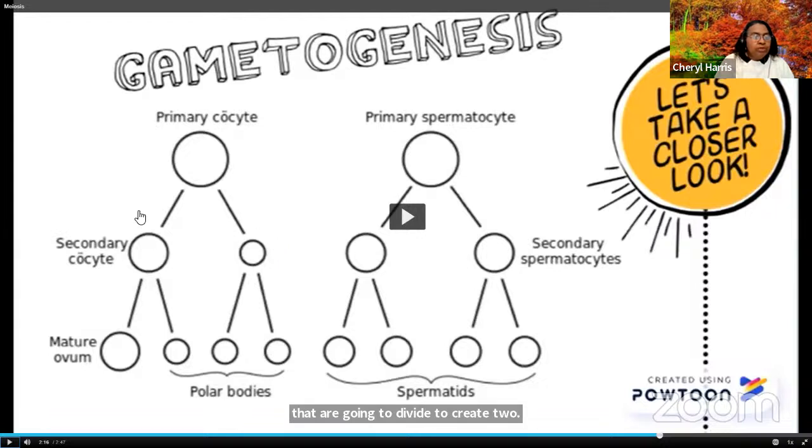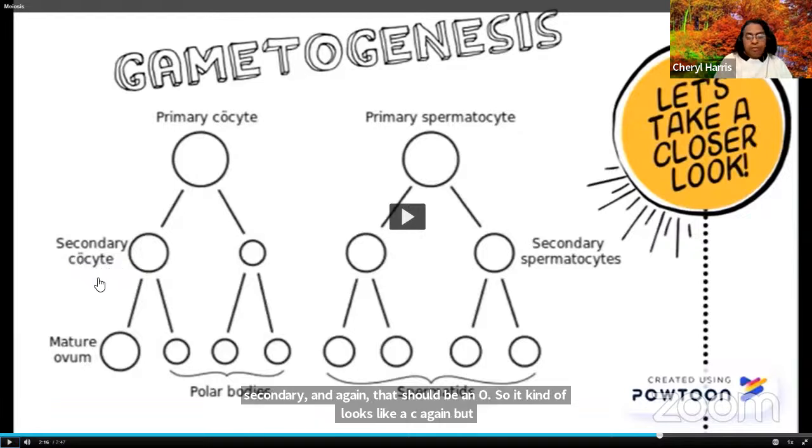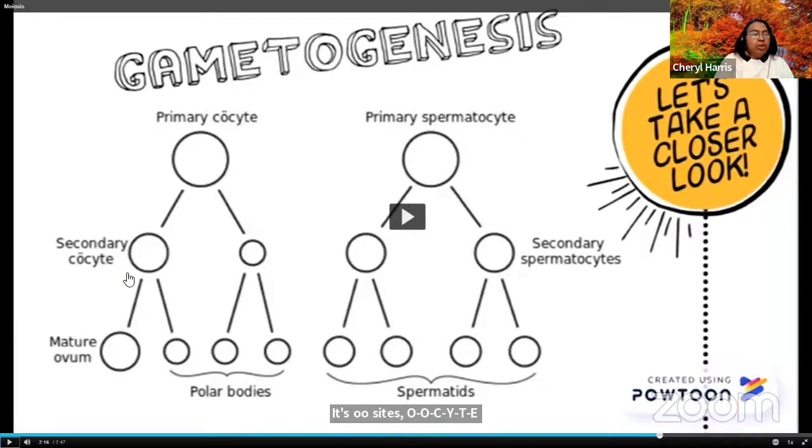And notice by this drawing of the secondary, and again, that should be an O. So it kind of looks like a C again, but it's oocytes, OOCYTE. But notice that one of those is already starting to look a little bigger than the other one. All right, so that's our first stage of meiosis, the primary stage, where they divided and created two cells.